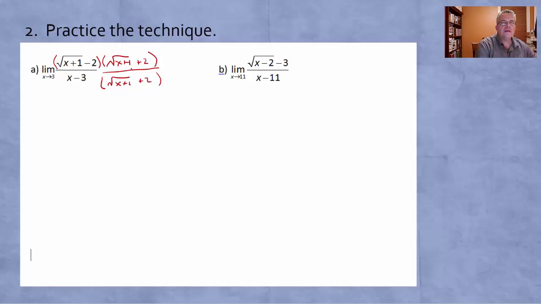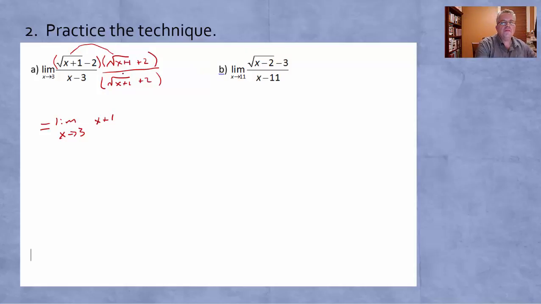Okay, now this trick is going to happen again where the square root terms cancel. We'll see that. So this is the limit as x approaches 3. Okay, here we go. Square root of x plus 1 times square root of x plus 1 is just x plus 1.